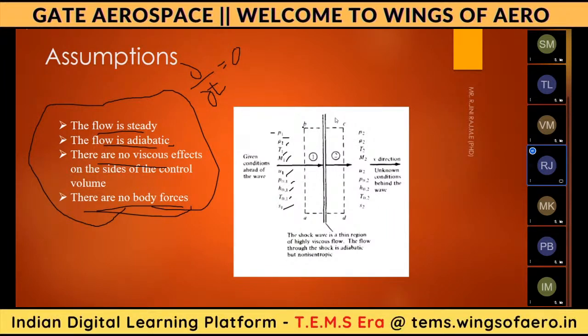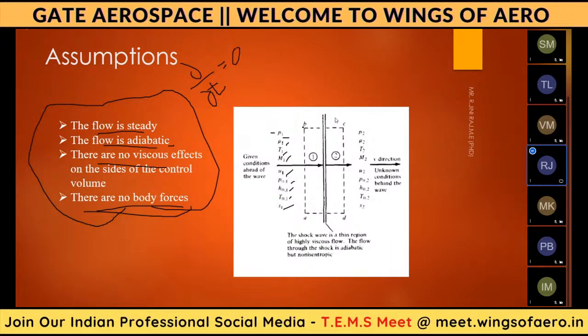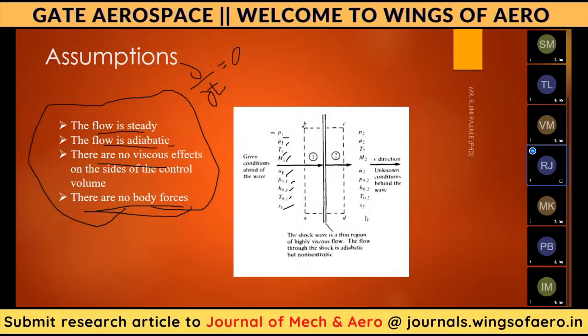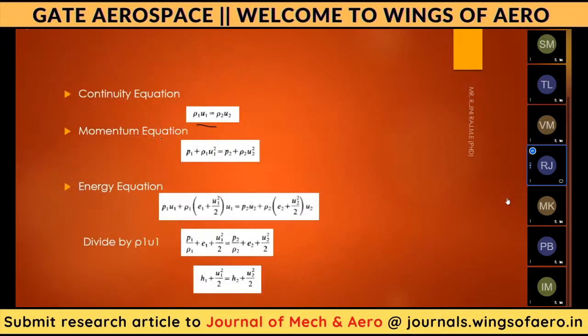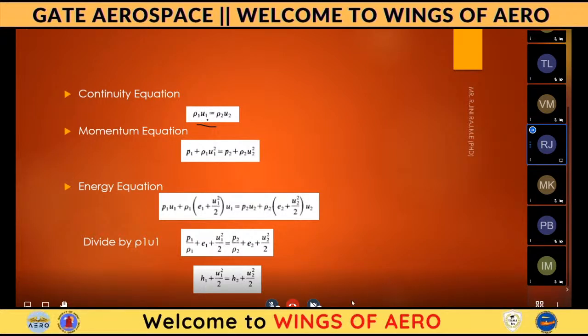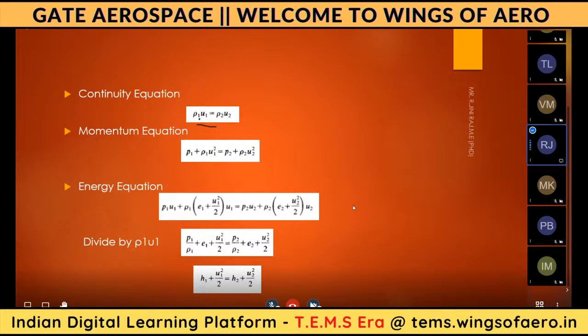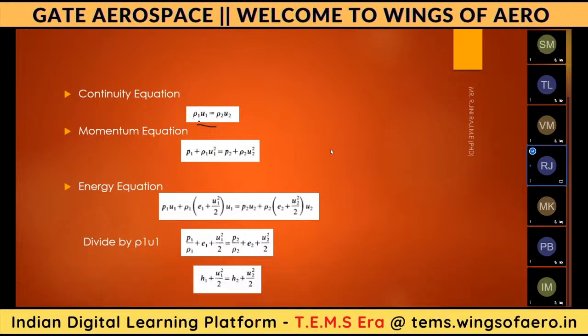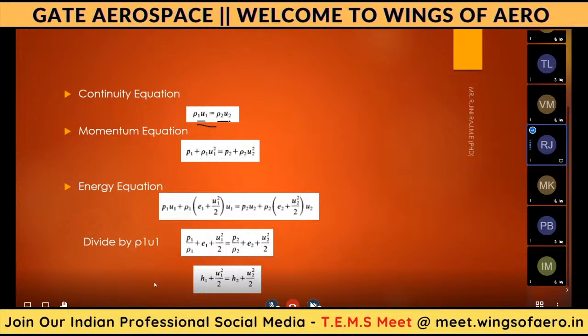How much flow is entering, the same leaves at the exit, because it is a stream tube. So from the continuity equation, rho 1 A1 u1 equals rho 2 A2 u2. But the area is the same, there is no change in area.